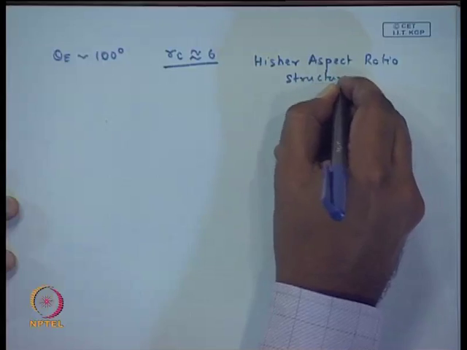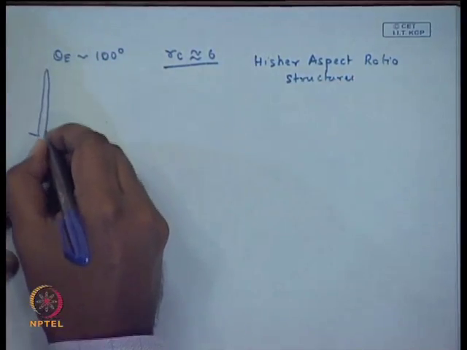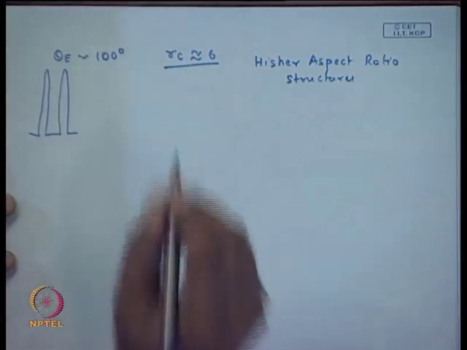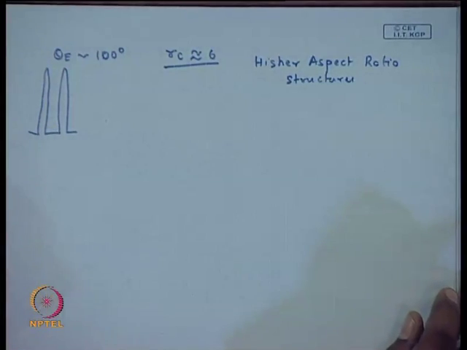Now, these tall structures are mechanically weak, exactly like anything that is very narrow and tall. They are prone to abrasive damage and are rather fragile.